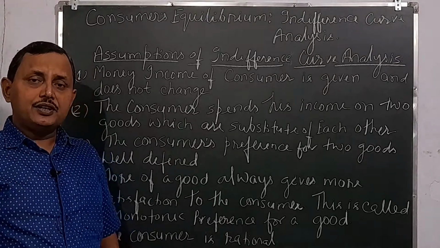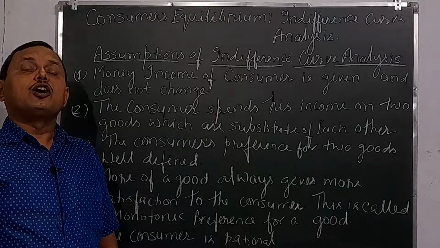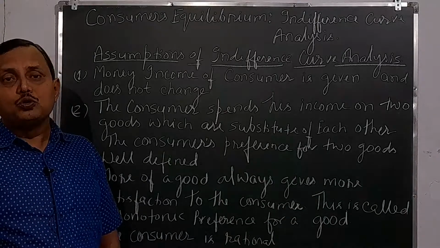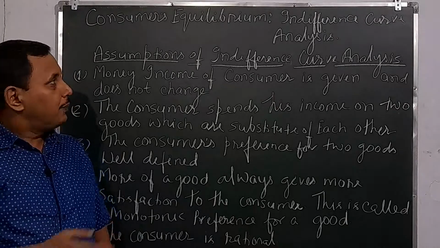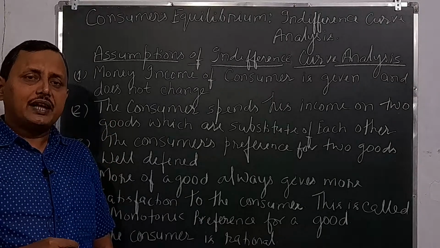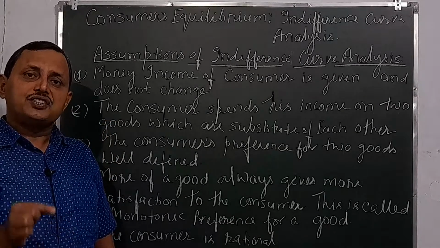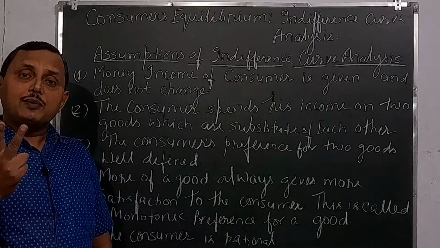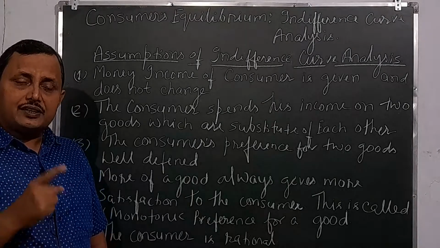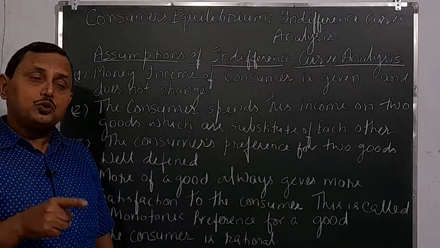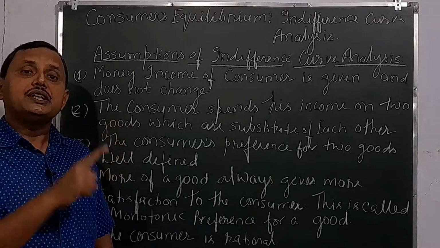In practical life, consumer consumes two or more than two commodities, several commodities to fulfill his different needs and wants. But in indifference curve analysis, for simplicity and for study purpose, we study the consumption of two goods only, which are substitutes of each other.